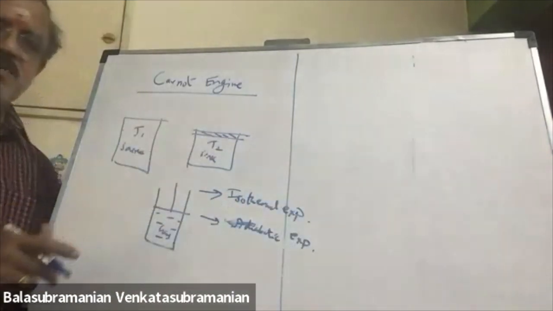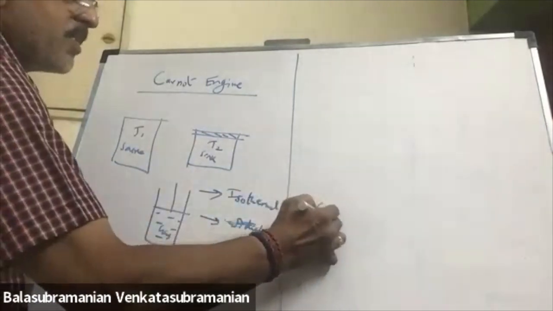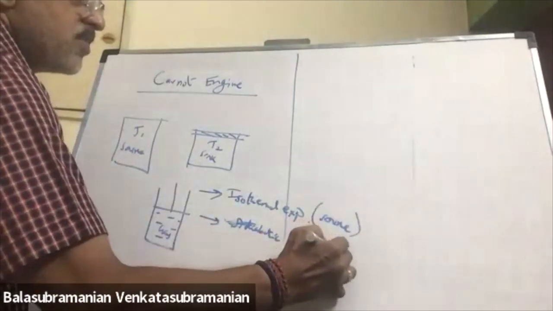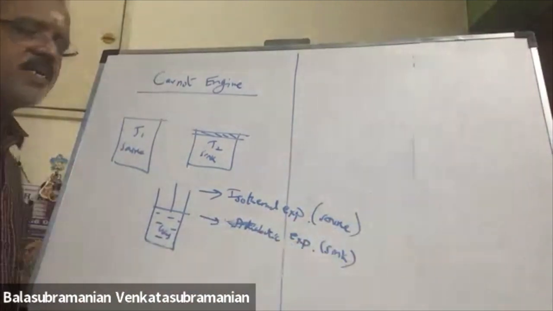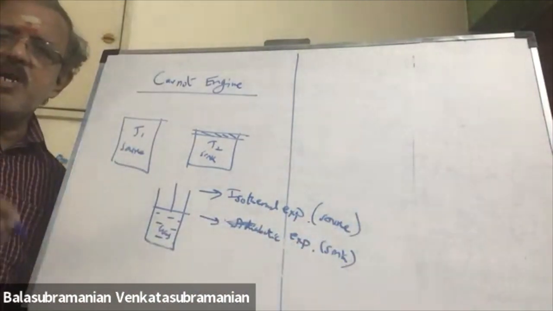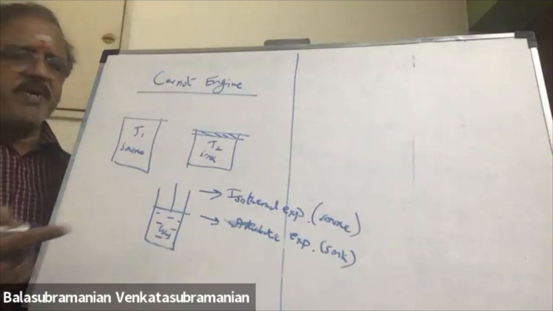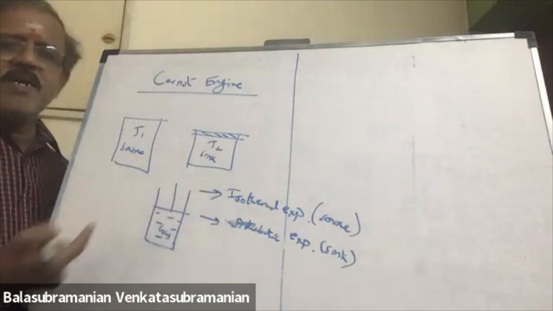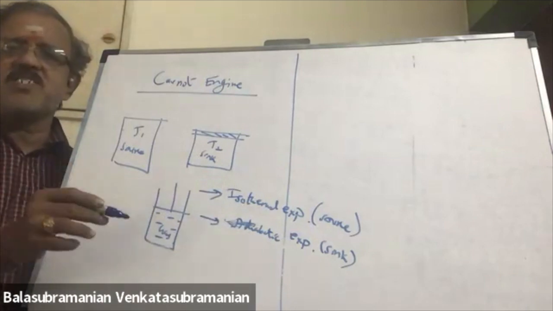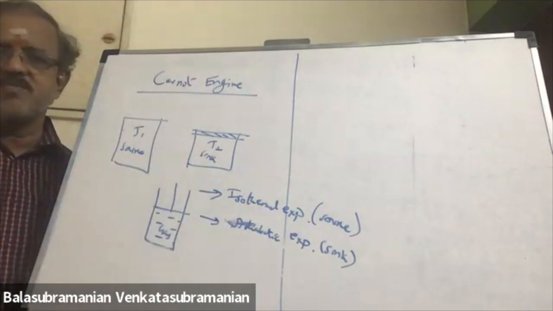Keep it on the sink. First, you are keeping the working substance on the source. Second, keeping the working substance on the sink and allowing it to expand adiabatically. The word isothermally means temperature constant. Adiabatically means temperature changes. Expansion, so temperature decreases.